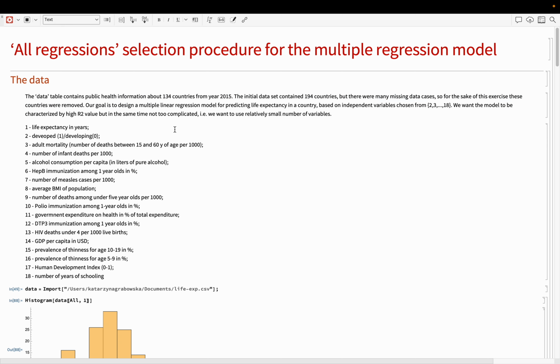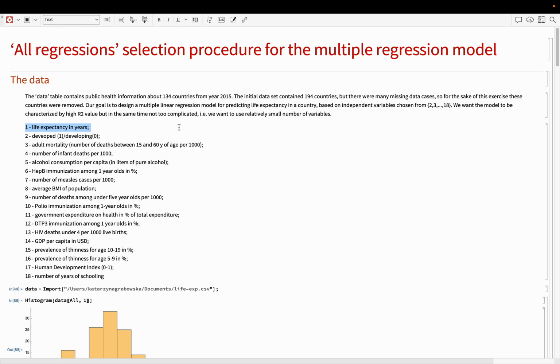The data are the following. Our dependent variable will be life expectancy in years for each country. And we would like to predict this number based on several potential independent variables.